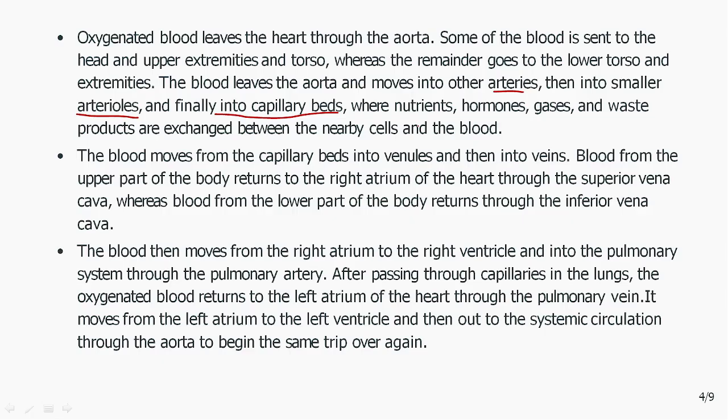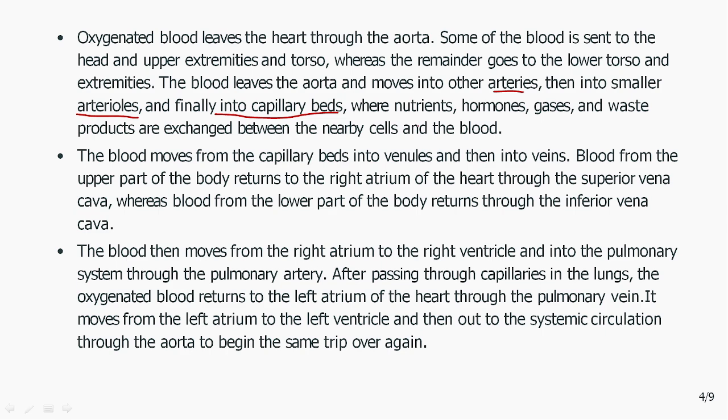From the capillaries the deoxygenated blood is again collected and leads to your venules, very thin veins. Then the venules move to veins, and blood from the upper part of the body returns to the right atrium of the heart through the superior vena cava, whereas blood from the lower part of the body returns through the inferior vena cava.